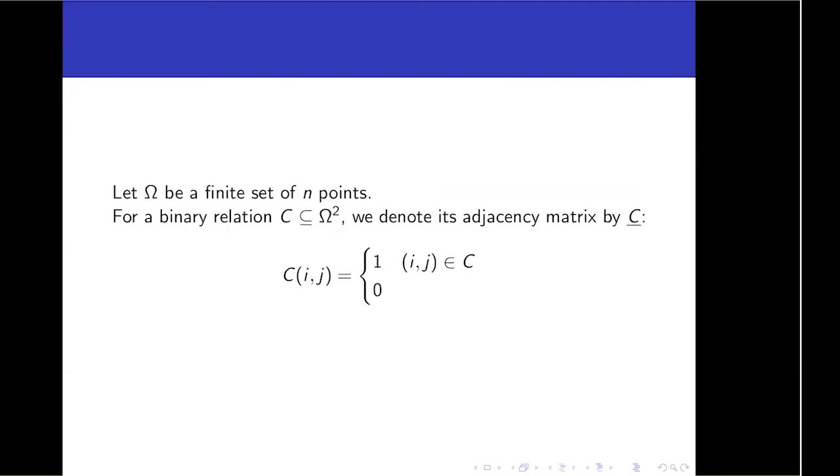Since Misha gave all the definitions, I will go over them a bit more quickly. We have a finite set of points omega, and we have binary relations on them, and each binary relation has a corresponding adjacency matrix.